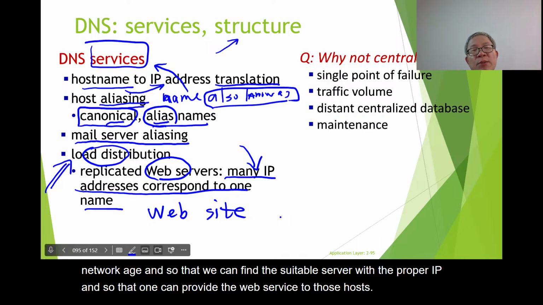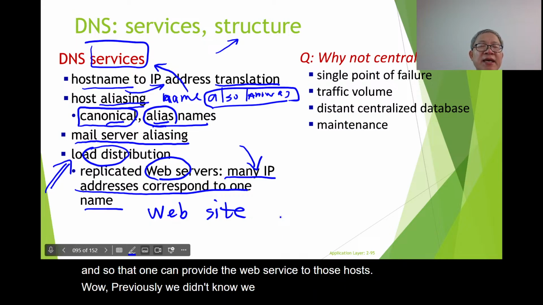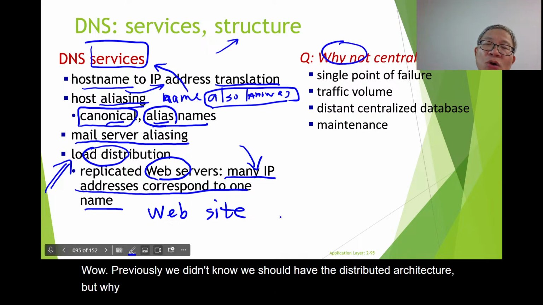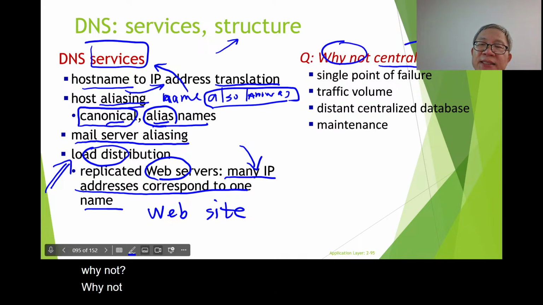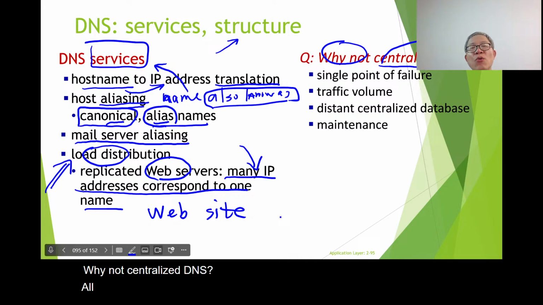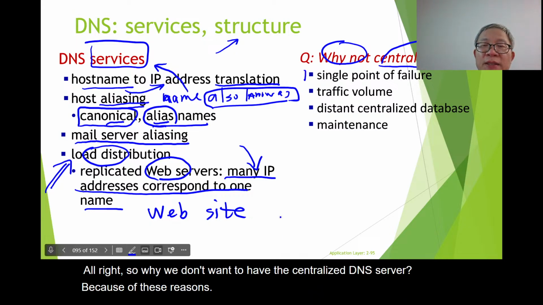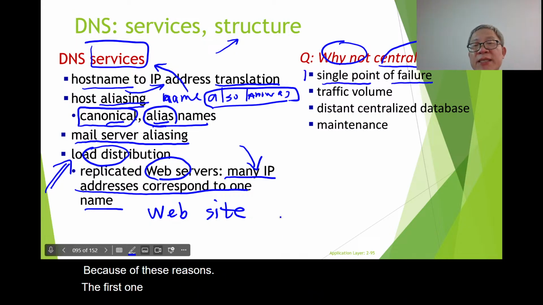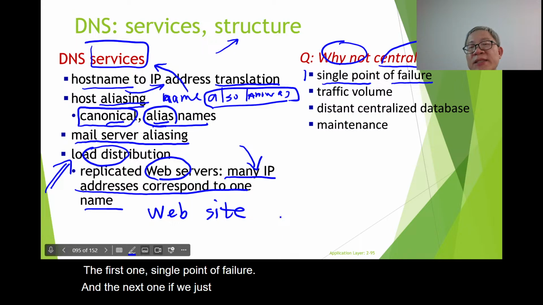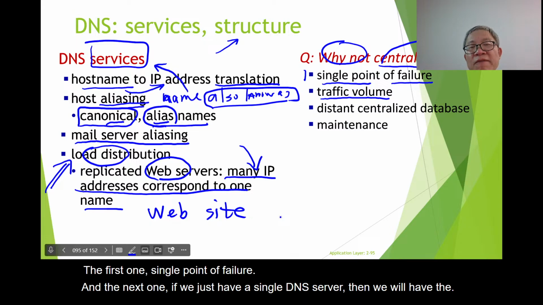Well, previously we said we should have the distributed architecture, but why not centralize DNS? All right, so why don't we want to have a centralized DNS server? Because of these reasons. The first one, single point of failure. And the next one, if we just have a single DNS server, then we will have concentrated traffic volume.